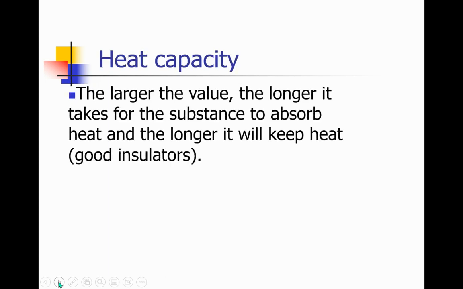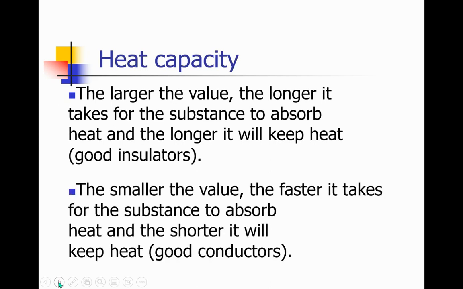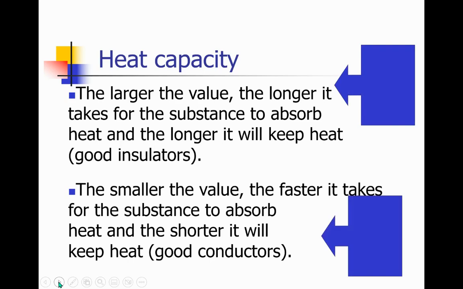So the larger the value, the longer it takes to absorb heat and the longer it will keep the heat. The smaller the value, the faster it takes for the substance to absorb the heat, and it will keep it for shorter. So liquid water is high, metals are low.